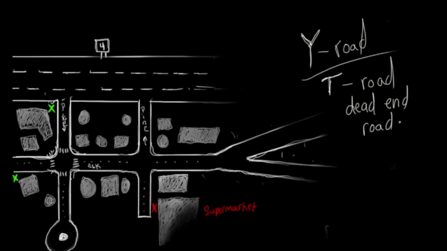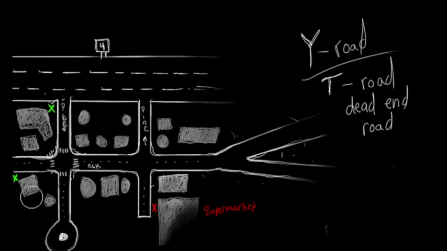That means the road ends. It's a dead end here, and it's a dead end here. It's also a T road because there is another road that goes this way. But when you say T road, you're talking about this whole thing. So Y road, you're talking about this whole thing, right? These roads meeting here, and you're talking about the whole thing here, okay? So T road and Y road because of the shape, dead end, because one road ends. If the road ends, it can be called a dead end.